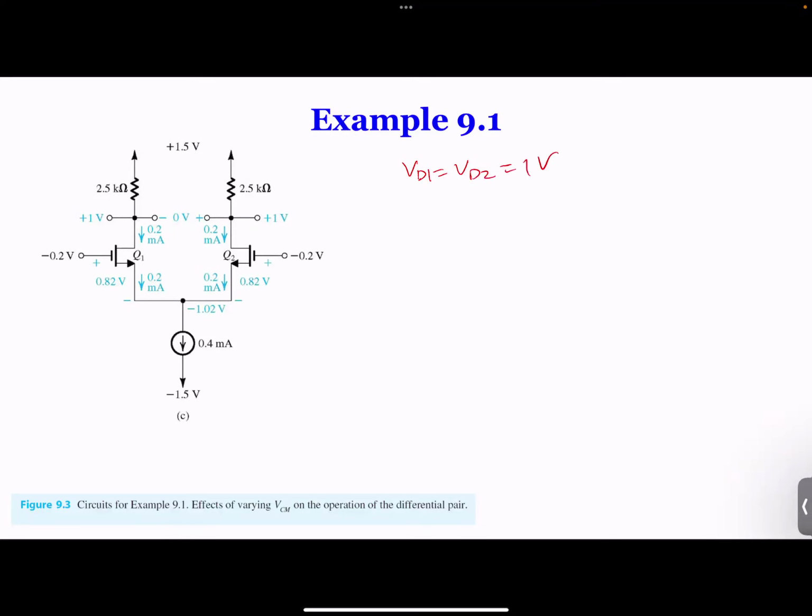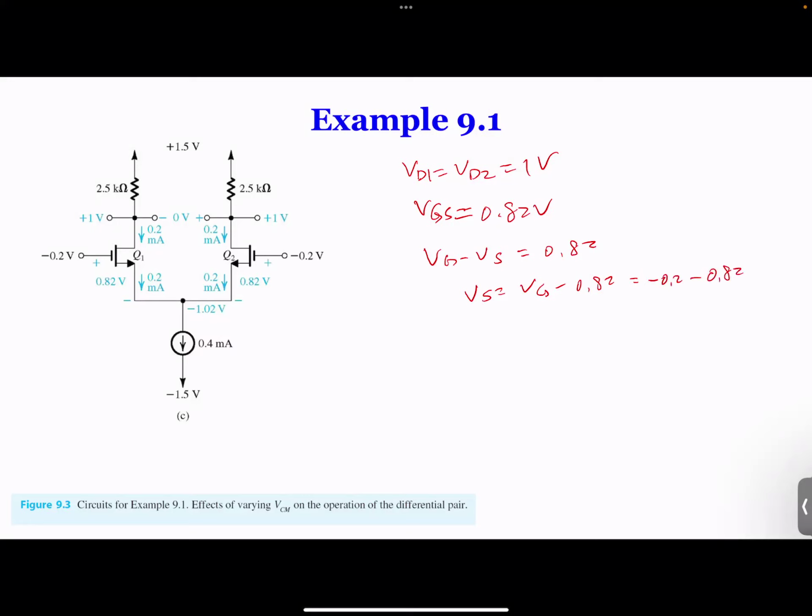We're not going to repeat the calculations, and VGS is going to be the same. We're always assuming that it is in the saturation region. So VGS is the same, 0.82 volts. Now VS is going to be different, because VG minus VS equals 0.82, and VS equals VG minus 0.82, and VG now, in this case, is minus 0.2, so minus 0.2 minus 0.82.